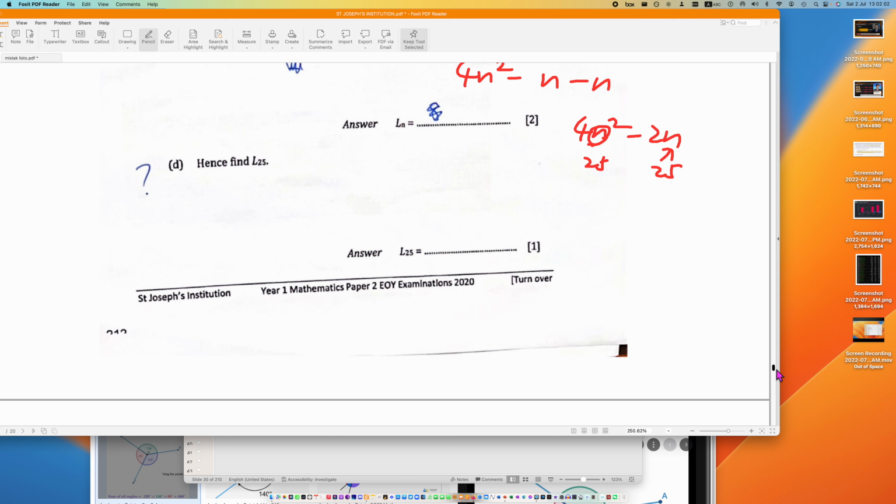What did the question ask you about gradient? Explain what the gradient in part C represents. Okay, your gradient minus 47 is the m in this equation, but they want to know the English meaning. The slope down.